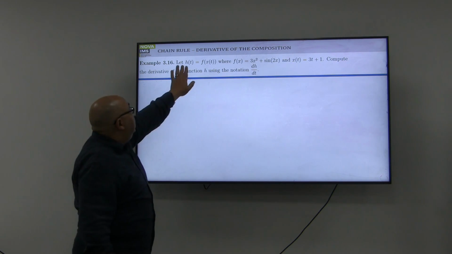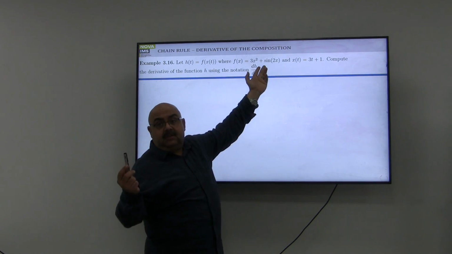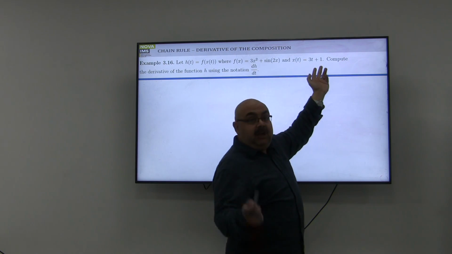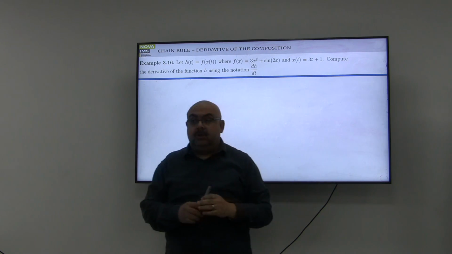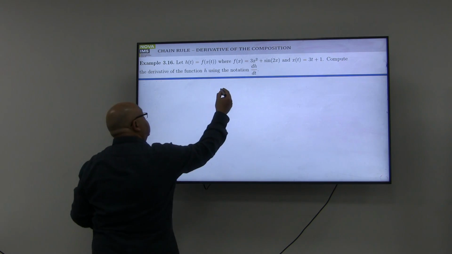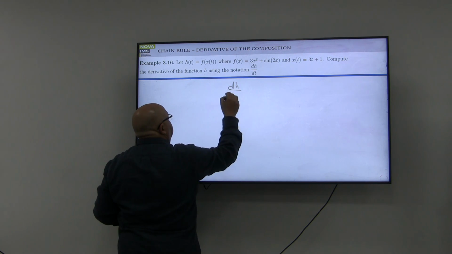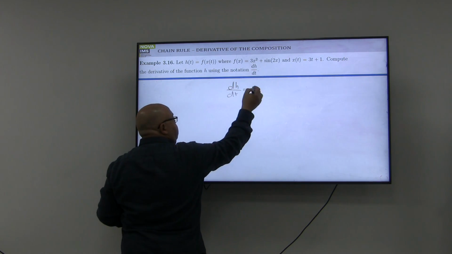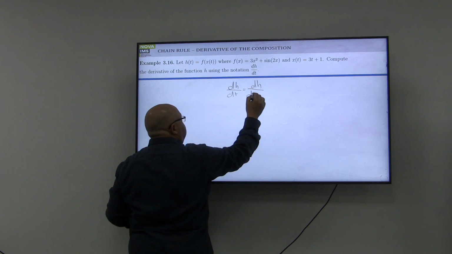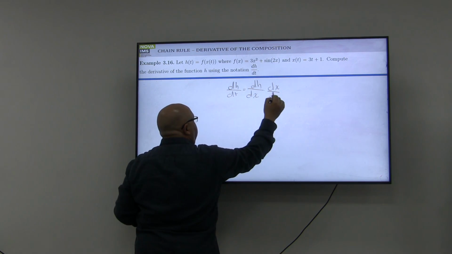The function h is only a function in one variable, which is x, and x by itself is also a function in one variable. In this case, I will use the general case of this rule. So dh by dt is simply dh with respect to its main variable, which is dx, times dx by dt.